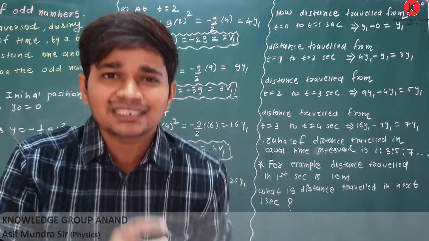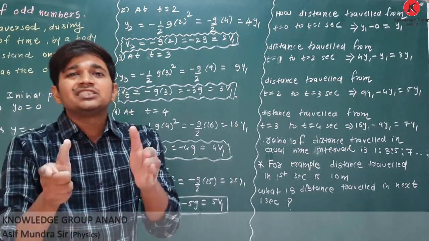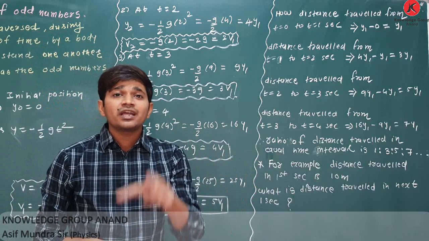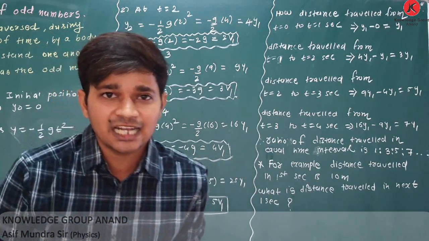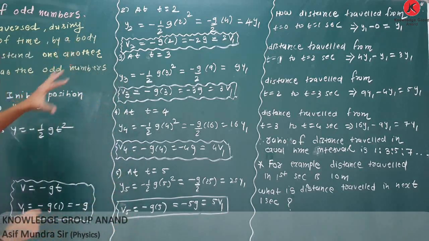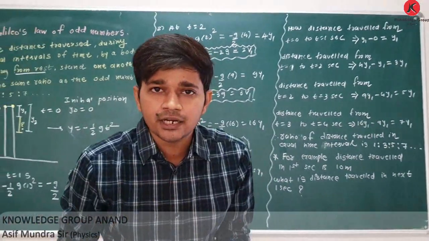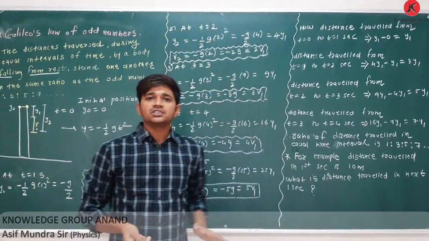Yes or no? Yes, it is v1. So in equal time intervals, the change in velocity is the same, and that's why its graph is a straight line. Clear? So it is Galileo's law of odd numbers. How to prove this? You have to just remember the equations.